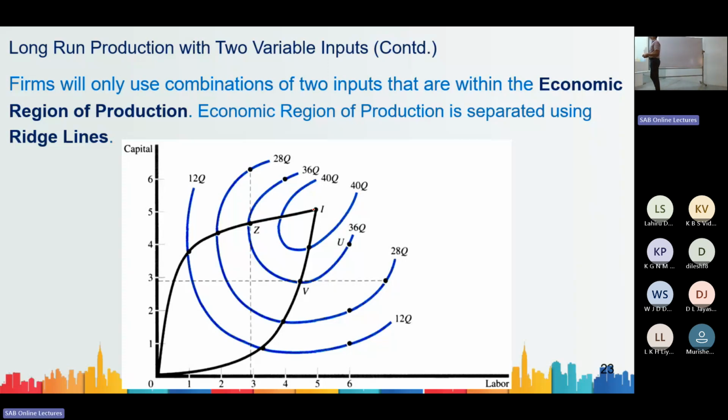Okay, the next concept is about the economic region of production.